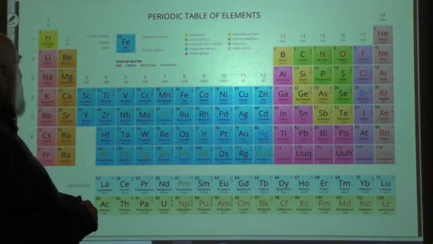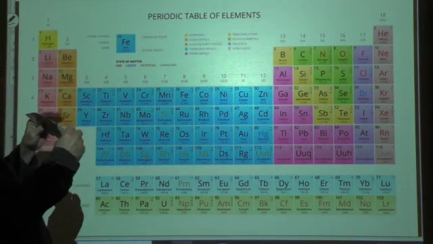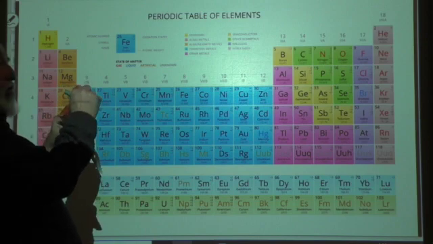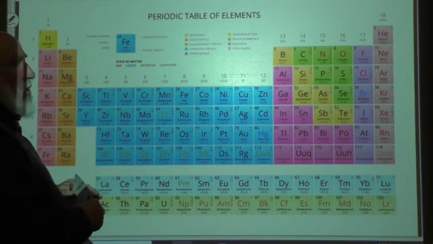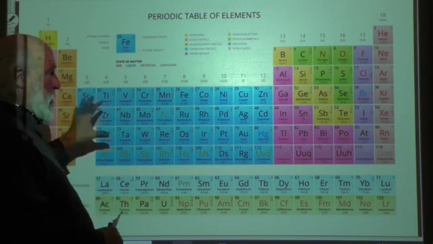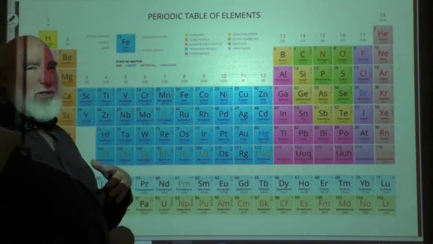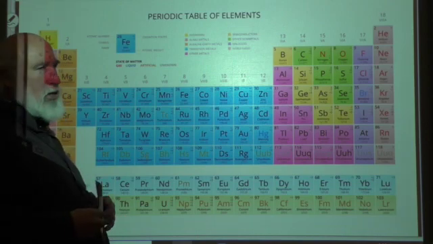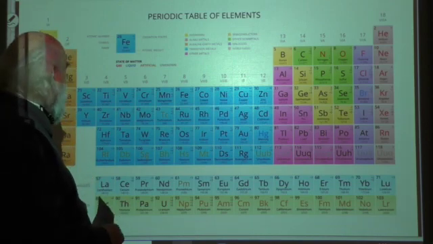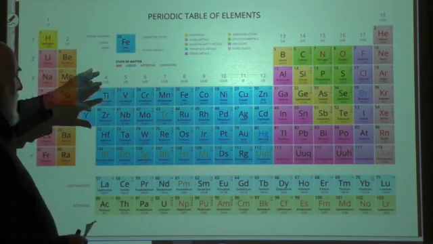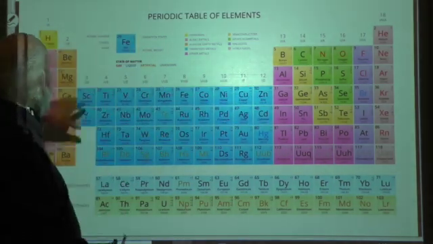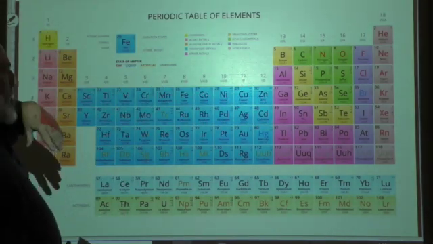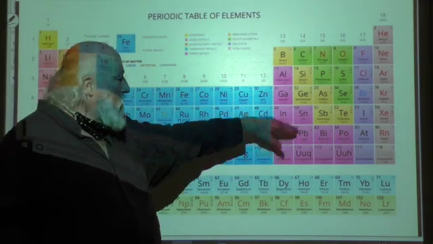The point being is this: because they have a very small number of electrons in the outermost level, they tend to lose them. It turns out 4 is the threshold, although there are a couple of exceptions to that, which we're not going to get into just now. But this has 3 electrons here, this has 2 electrons here, there's 1 electron here, and these have 4 electrons here, they're metals.